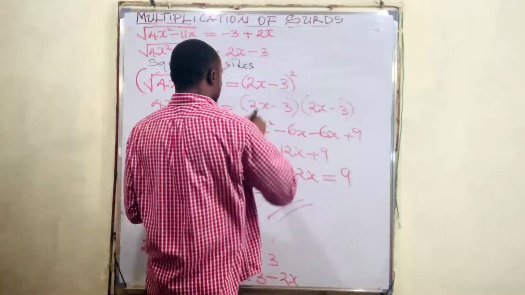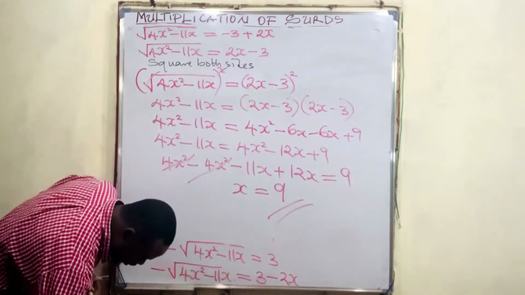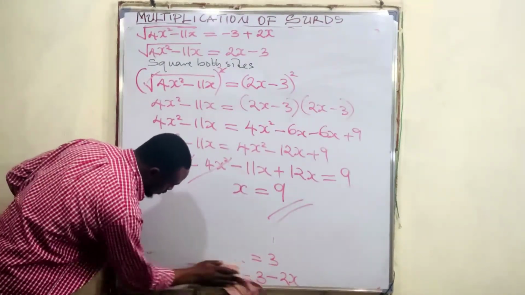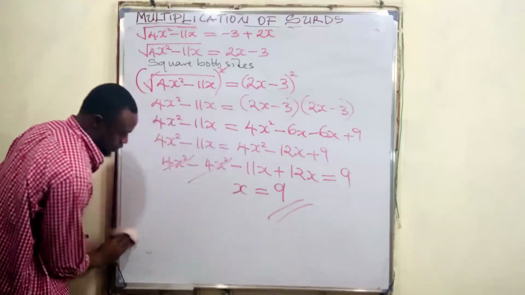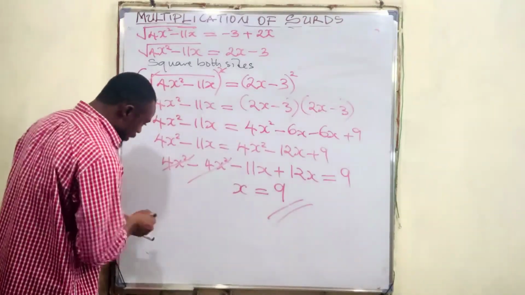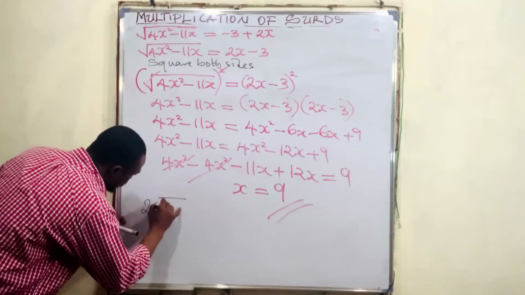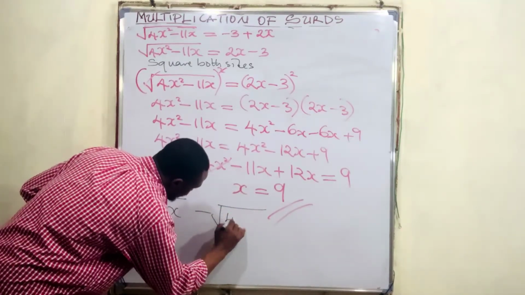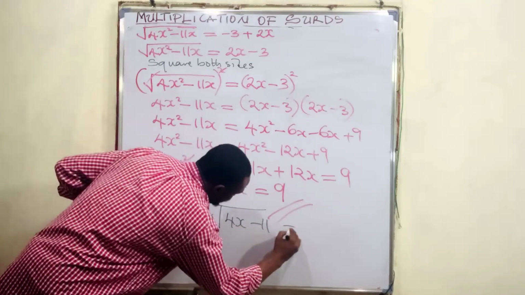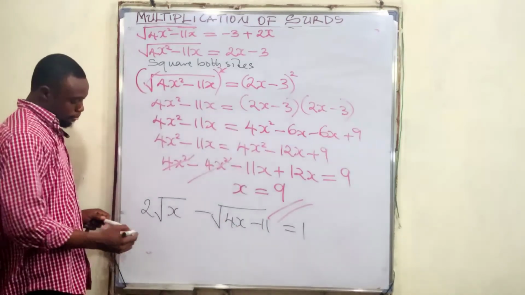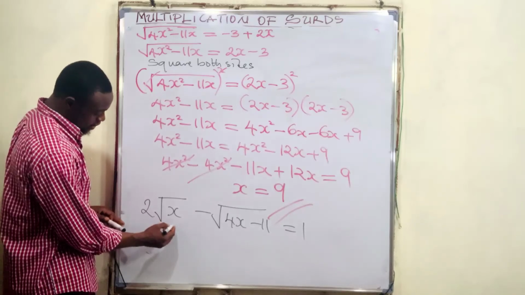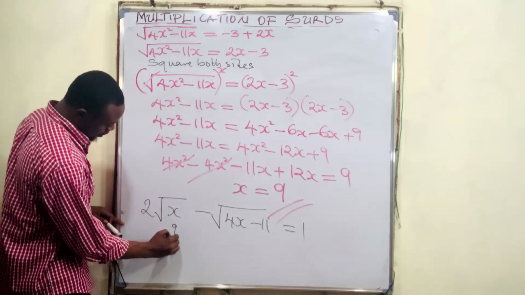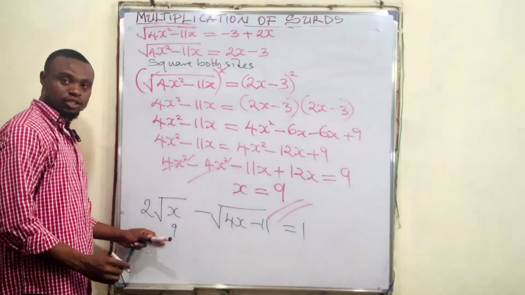And if you recall the question, it was something like this: 2 root x minus the root of 4x minus 11 to be equal to 1. So if you put 9 here, you get root 9.